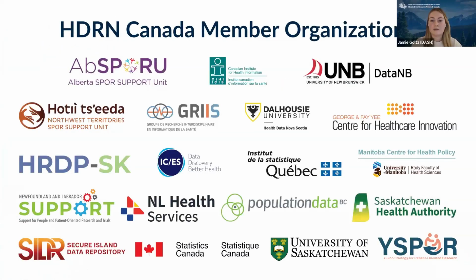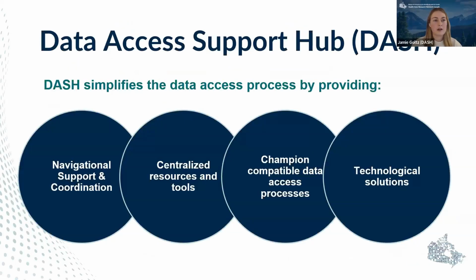So in this slide, you'll see some of our member organizations that make up the HDRN Canada network. We have representation from coast to coast, as well as those organizations that are pan-Canadian, such as Statistics Canada and CIHI. Today, you'll also hear from our partner organization at DataNB. Since the launch of DASH in 2020, we have developed and streamlined processes to provide better support and coordination for researchers accessing multi-regional data.